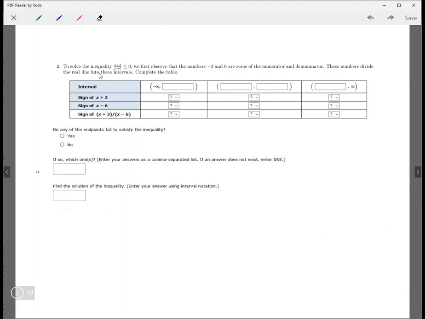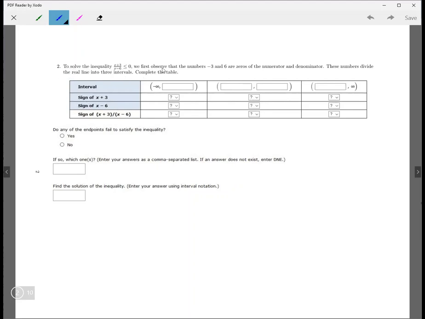So when you're dealing with something like this, it's a bit more complicated, but here they give you the method of doing it. Let's go through this, and you can follow along in the WebAssign.